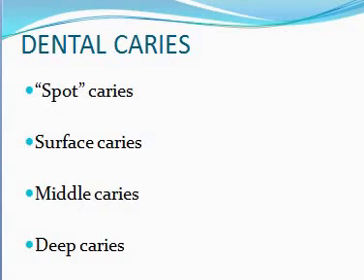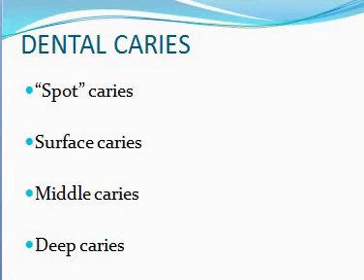On the other hand, the disease can be arrested in its early stage. We have four stages of dental caries: the spot caries, surface caries, middle caries, and deep caries. The spot caries is localized on enamel and there's only discoloration of enamel.